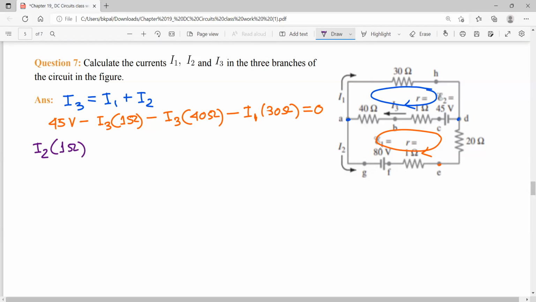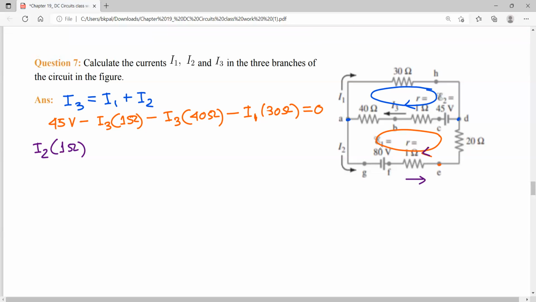Here you see I'm going in this direction, the current is in this direction, so because they're opposite, I have a positive sign. But for the battery I will have a negative sign because my direction is from the positive terminal to the negative terminal. And then for 40 ohm it will be positive, I3 40 ohm.